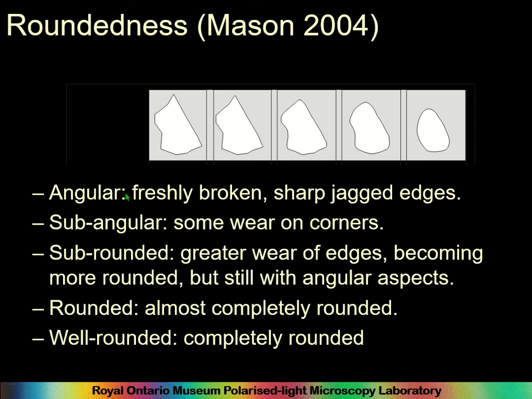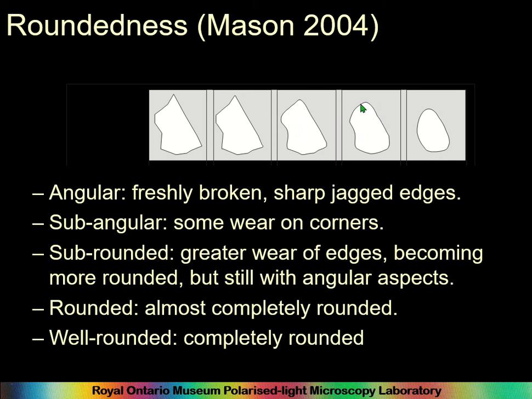And typically angular things have probably been added to the clay paste. Subangular are things which were in a stream at some time. Then you have sub-rounded, so there you get more wear of the edges and it becoming more rounded, but still you have these angular aspects which show you that this is sub-rounded, not rounded.